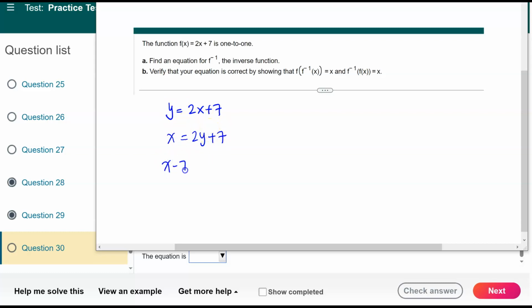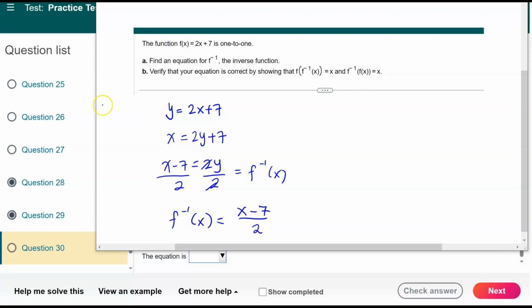So you have x minus 7 is equal to 2y, divided by 2. So y is equal to x minus 7 over 2. And then you write that as f inverse of x. So the inverse function, f inverse of x, is just equal to x minus 7 over 2.